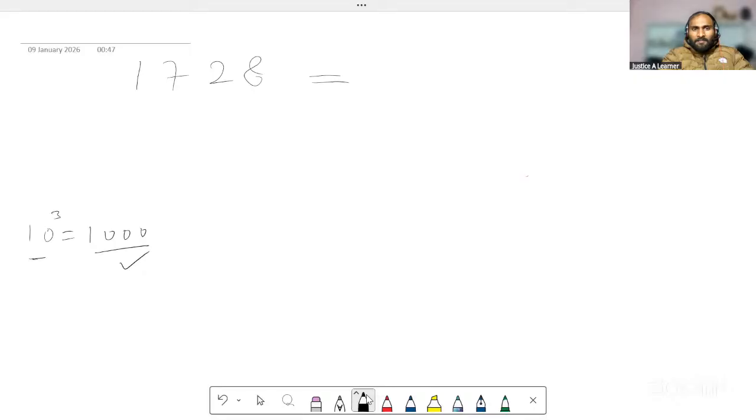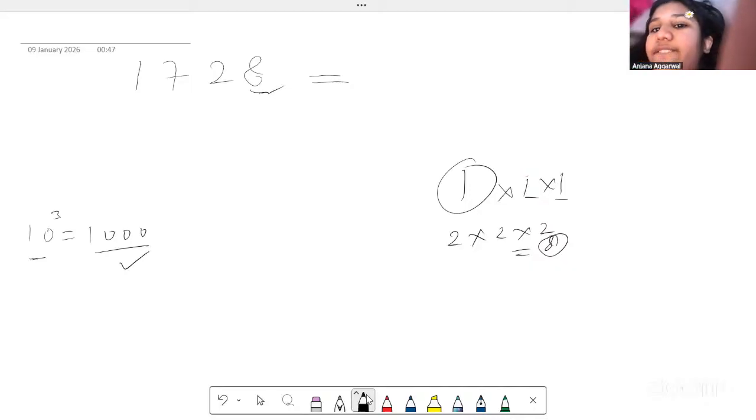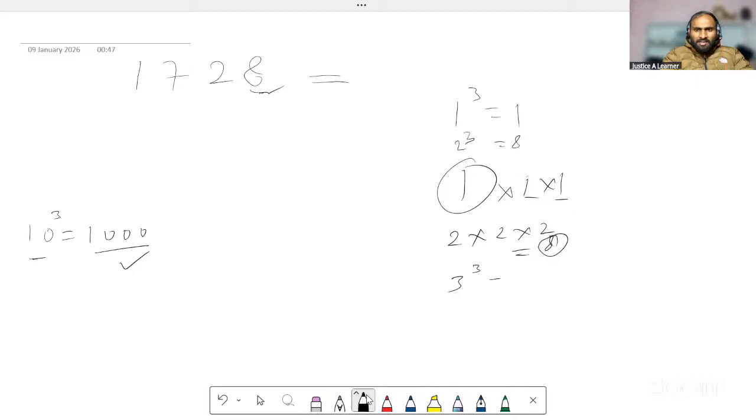If I go with 1, it must end with 1 because 1, 1, 1. So the unit digit would be 1, right? If I go with 2, it would be 8, and I already know the cube of 2. What is the cube of 2? 8. So the unit digit would help me. So cube of 1 is 1, cube of 2 is 8, cube of 3 is 27. I know it already. So this is nearest 12. So my guess would be 12, and that is the answer for this actually.